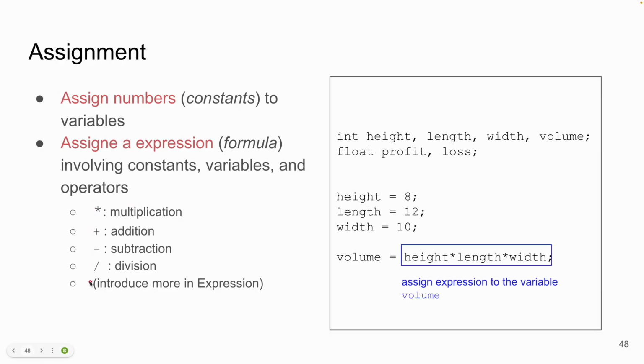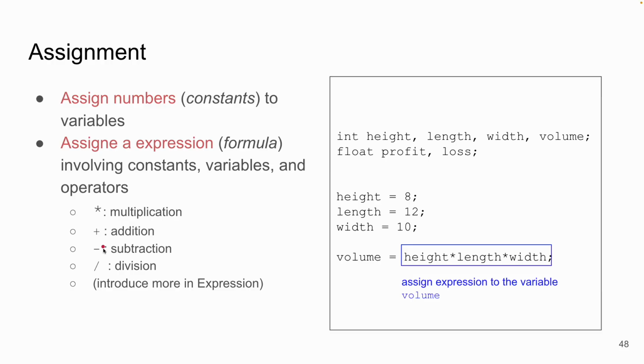Here I can quickly show you what kind of operators you can use in C. If you write down the star symbol, the asterisk, then the meaning of this symbol is multiplication, 乘法. And then you can have the plus symbol here. The plus symbol represents the addition operation, so you can add one number to another number.